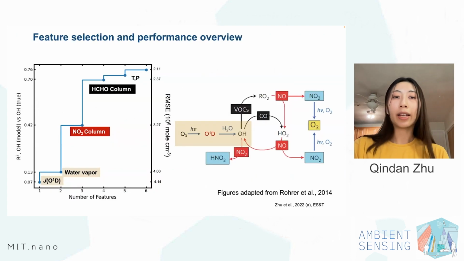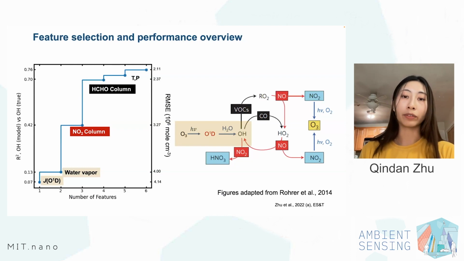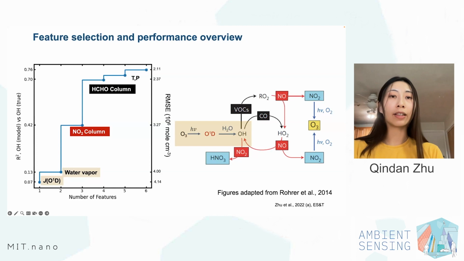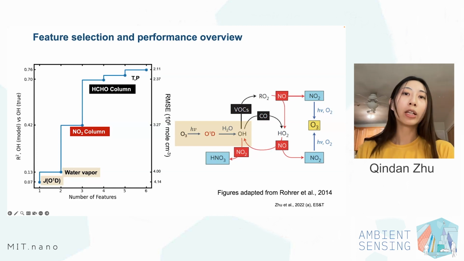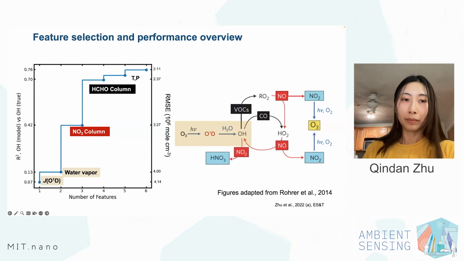The selection of the input features for this machine learning model is based on our understanding of the OH chemistry. For instance, the figure on the right shows a very simplified schematic of the OH chemistry, where solar radiation and water vapor are two major components that affect the OH production rate through the ozone photolysis.